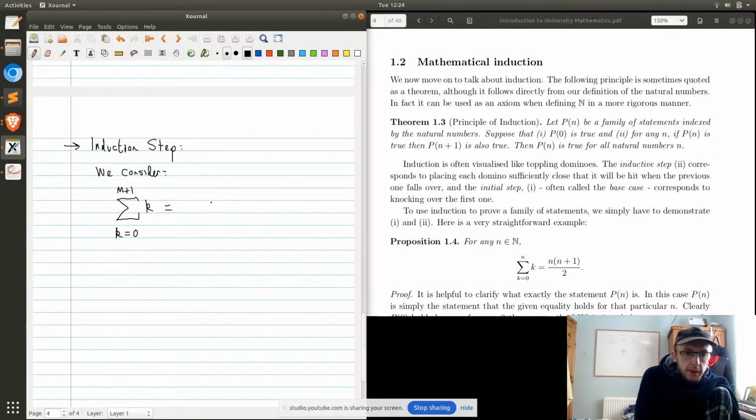Well, we know by definition, based on how sigma and the sum of things works, this has to be where you go from k equals 0 up to m, and then you add on the very next case afterwards.